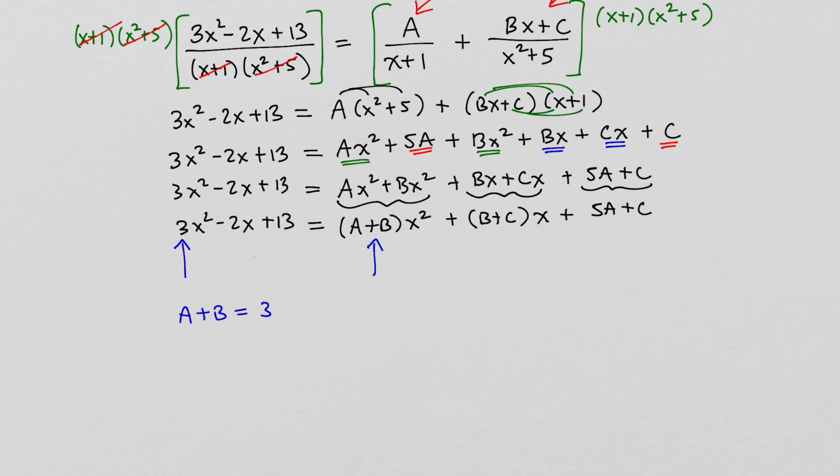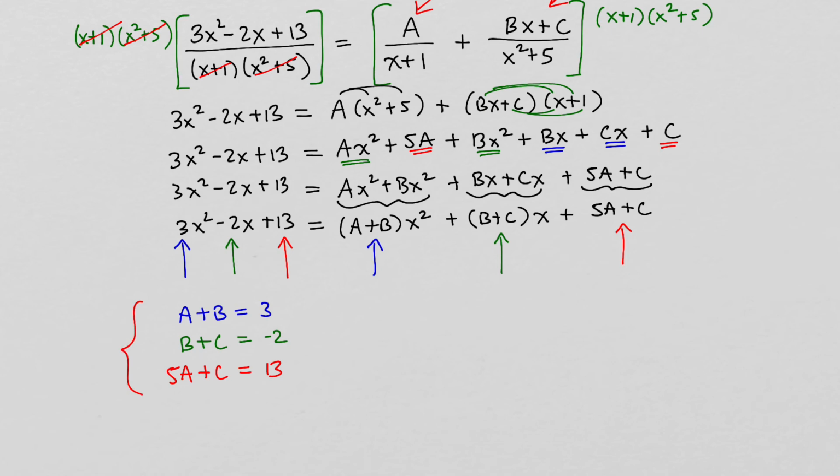Likewise, the coefficient of x here, which is negative 2, must be equal to the coefficient of x here, which is b plus c. So we know that b plus c must be equal to negative 2. And finally, the numerical term here, which is 13, must be equal to the numerical term on the other side. So 5a plus c must be equal to 13.